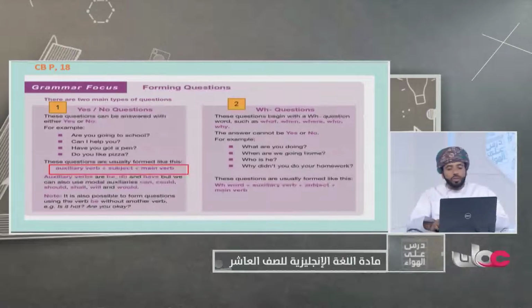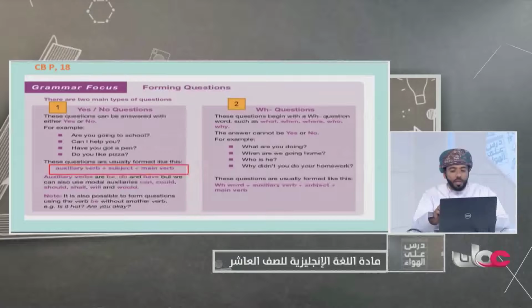Now let's go to the second type of questions, which is WH questions. These questions begin with a WH question word, or any question word like what, when, where, who, and why.